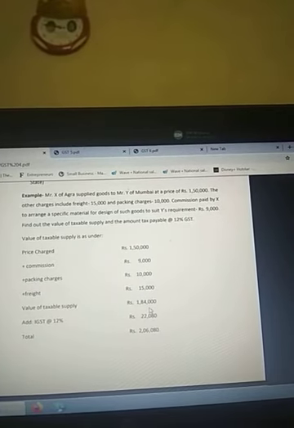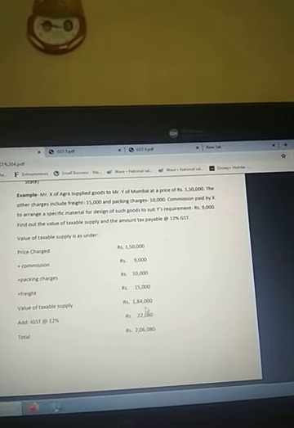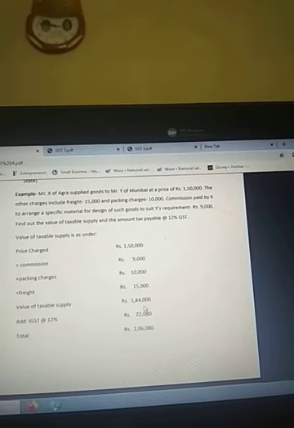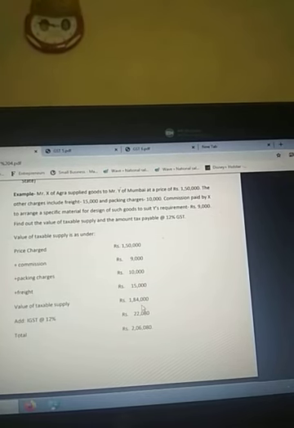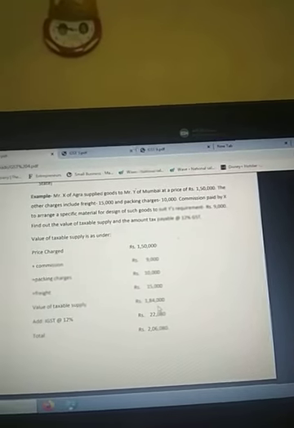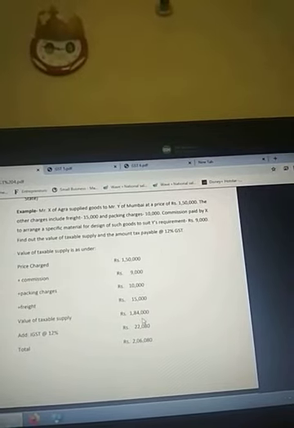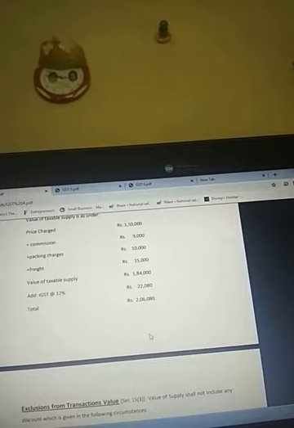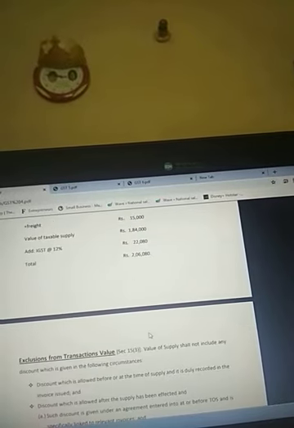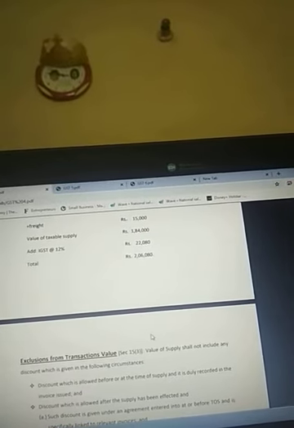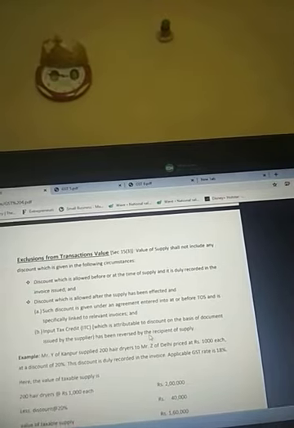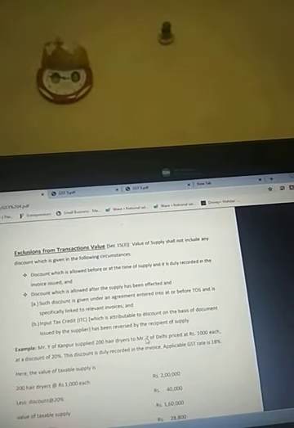The value of supply is: price charged 1,50,000, plus commission 9,000, plus packaging charges 10,000, plus freight 15,000. Taxable value is equal to 1,84,000. IGST at the rate of 12% is 22,080. Total value 2,06,080.